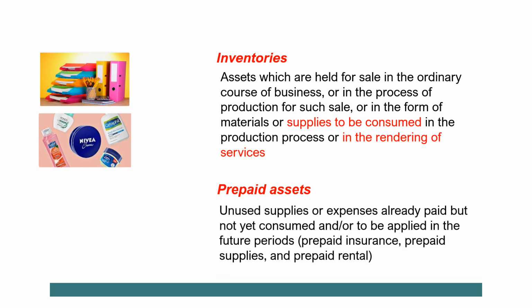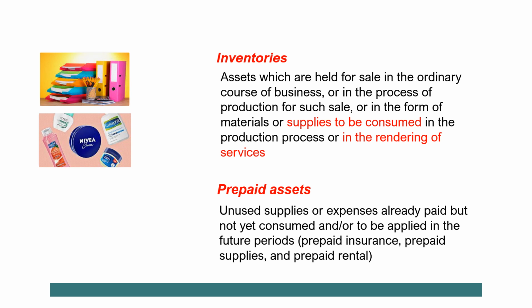Then prepaid assets. These are unused supplies or expenses already paid but not yet consumed and to be applied in future periods. Examples are prepaid insurance, prepaid supplies, and prepaid rental. Assuming your business paid insurance for one whole year and started operations in October, the insurance for October, November, and December, 3 months, represents the expired portion, while the remaining 9 months is your prepaid insurance.